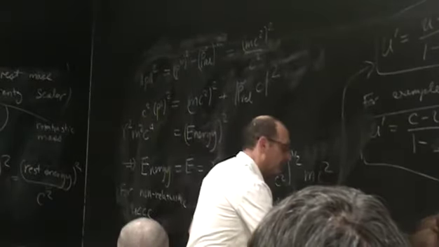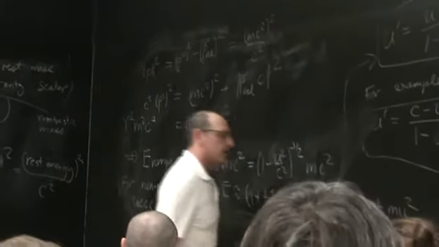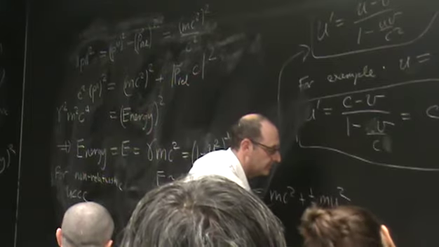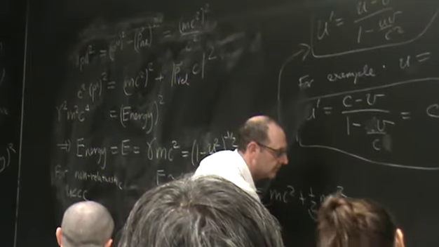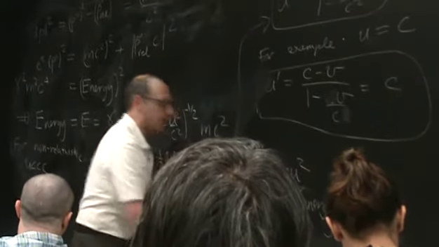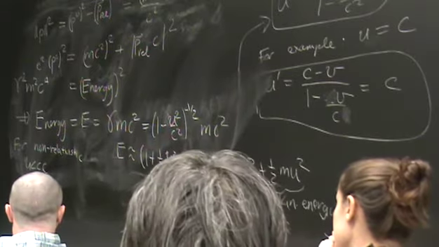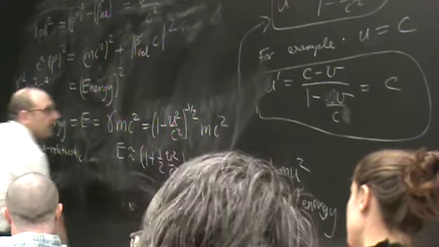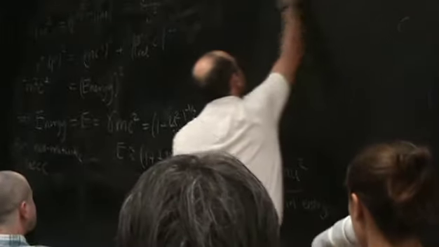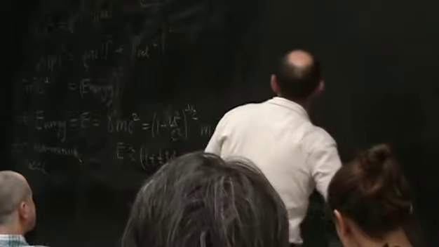So that is then mc squared plus 1/2 mv squared, which is the kinetic energy and the rest mass. So the takeaway message here is that the four momentum is really the energy momentum four vector.